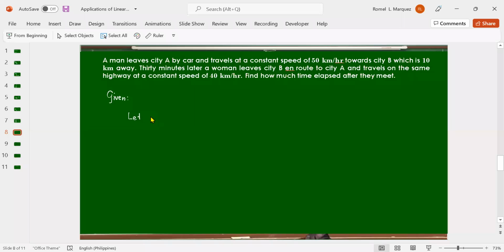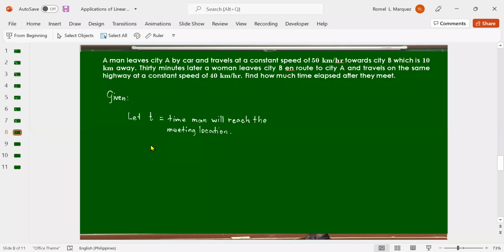Let T be the time the man will reach the meeting point, or location. Okay, guys?